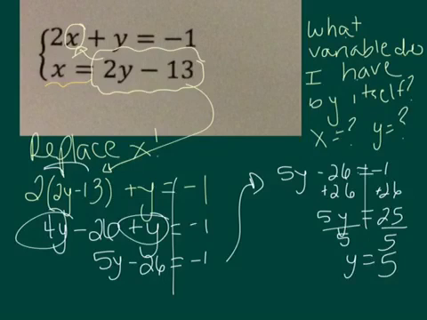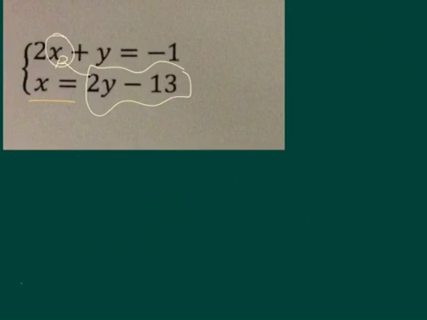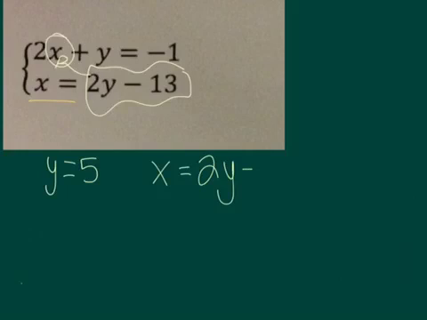Alright, pause and make sure you have the work down for this part on that page. Now that I have y equals 5, remember we go back and place that into either equation to get x. The easier one is the one that says x equals 2y minus 13, because x is already by itself on the left here.